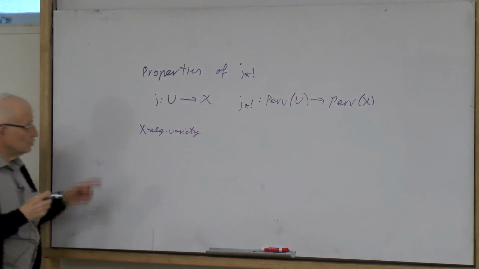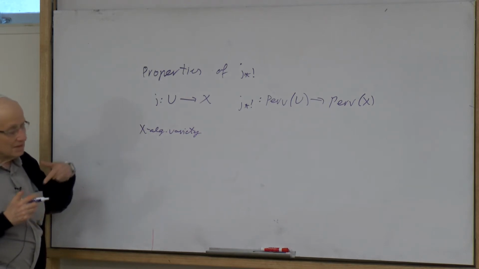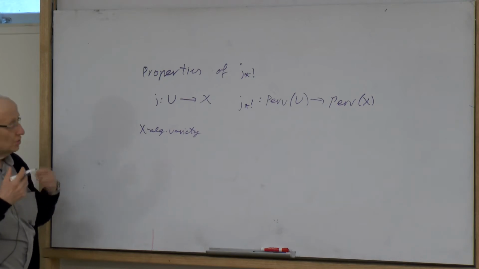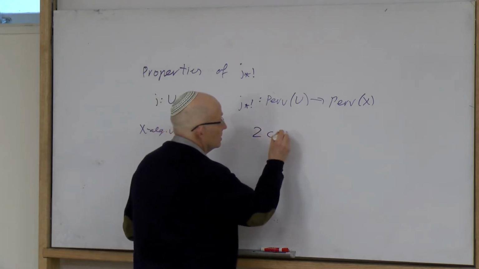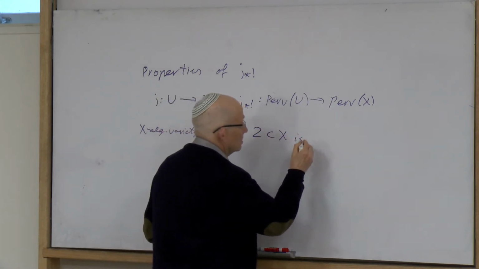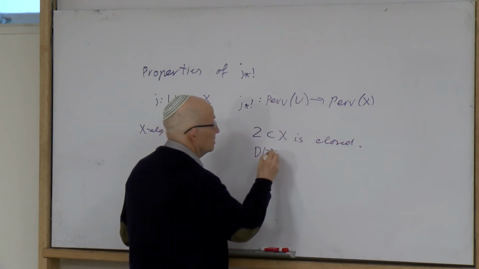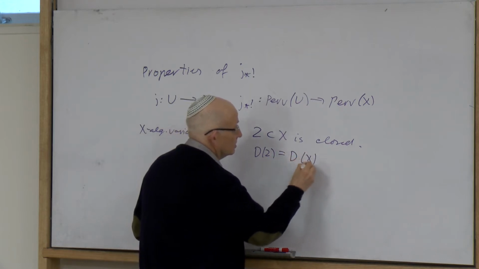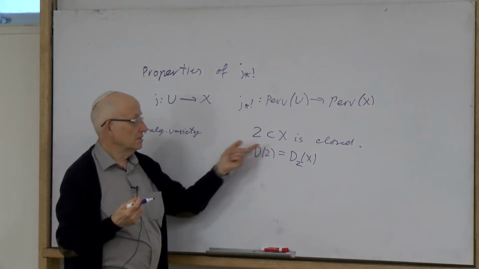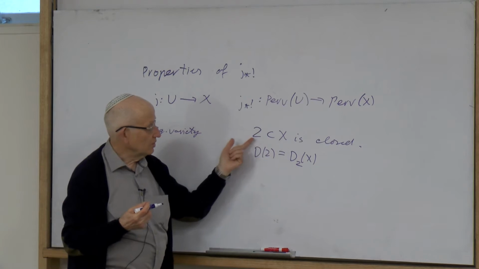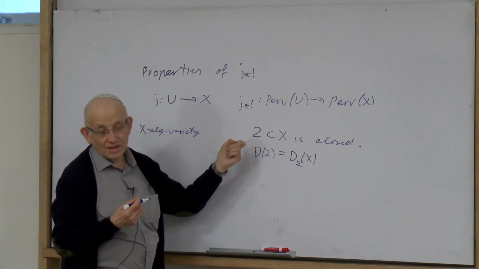I never assume that it's non-singular, but the idea is that all computations usually you try to reduce to the non-singular case, and you do it in the following way: if Z in X is closed, then you can identify D of Z with D_Z of X. So you can think about elements of the derived category of Z as just elements in the derived category of X which are supported on Z.